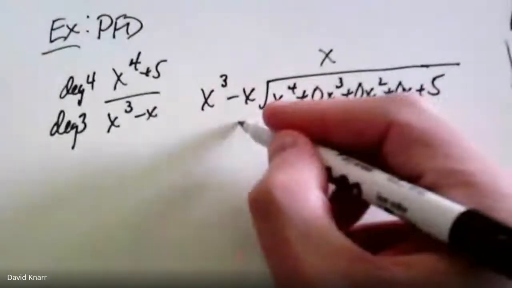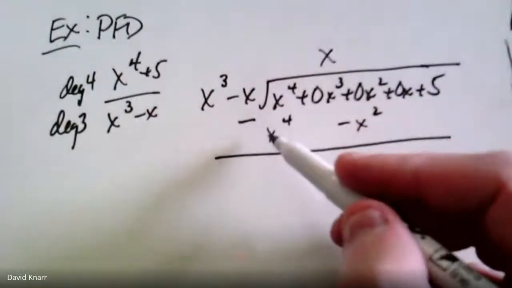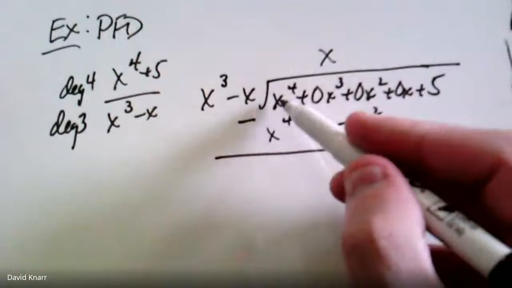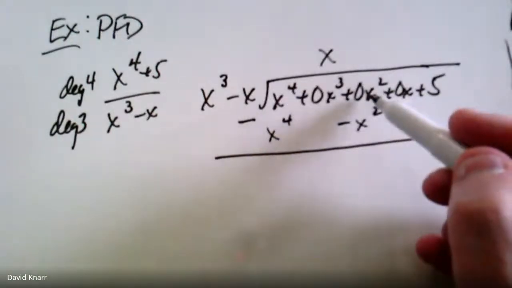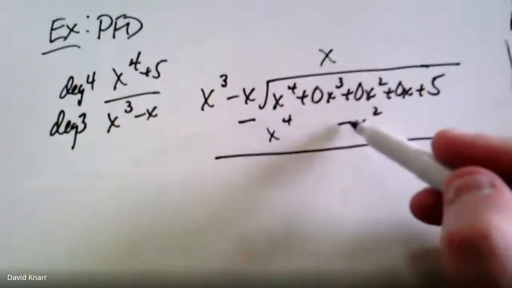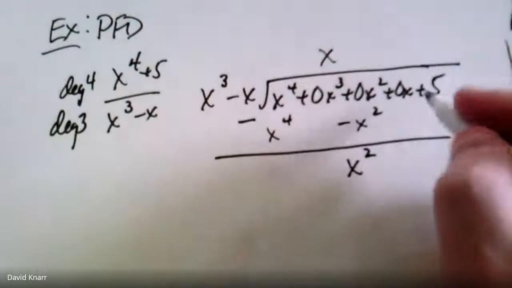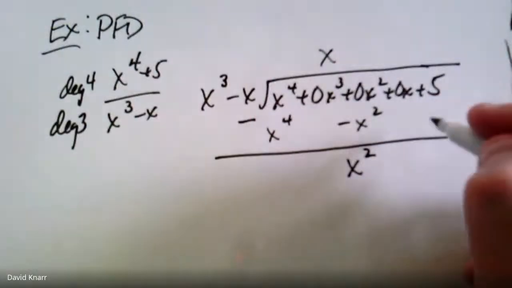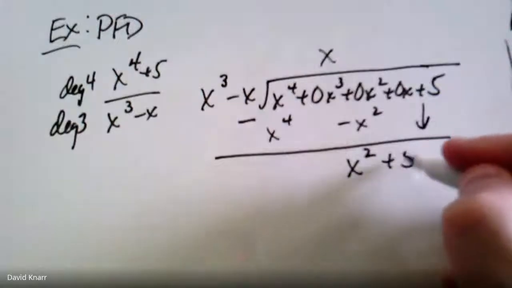And remember, you're going to subtract whatever you put here. So x to the fourth minus x to the fourth is 0. No x squareds minus a negative, so that's really plus x squared is x squared. And then we're going to bring down the 5. We can bring down the 0x, but there's nothing there. So we're going to bring down the plus 5.